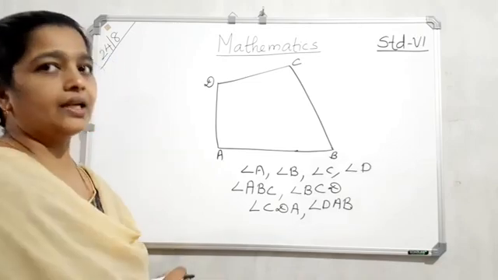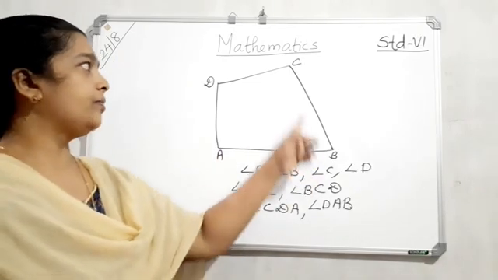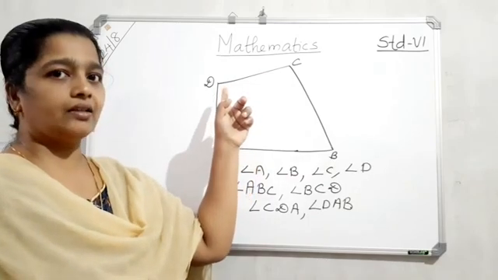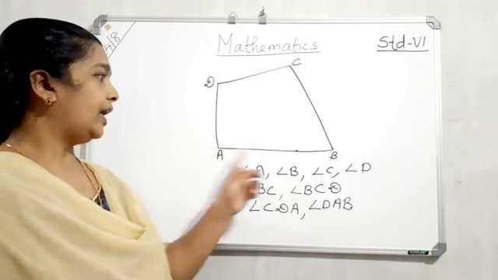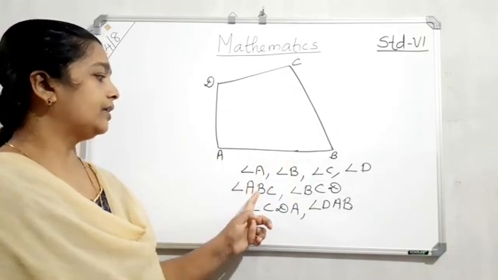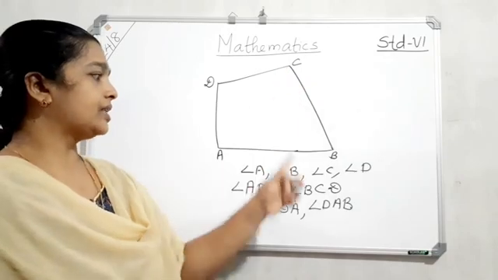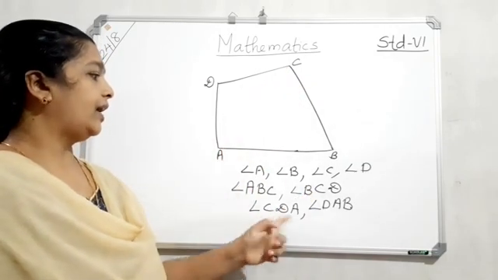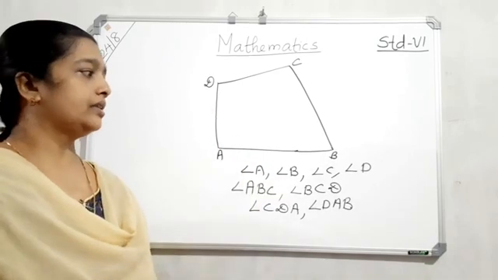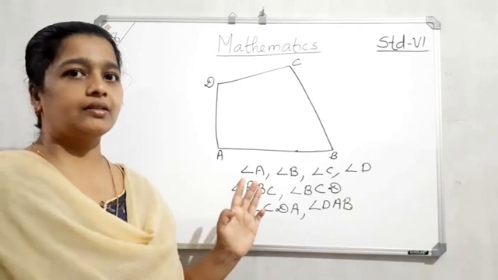So both ways we can write: simply angle A, angle B, angle C and angle D. Or we can represent with the rays: angle ABC, that is the main angle B, then BCD, the main angle C, then CDA and DAB. These are the four angles from the figure.